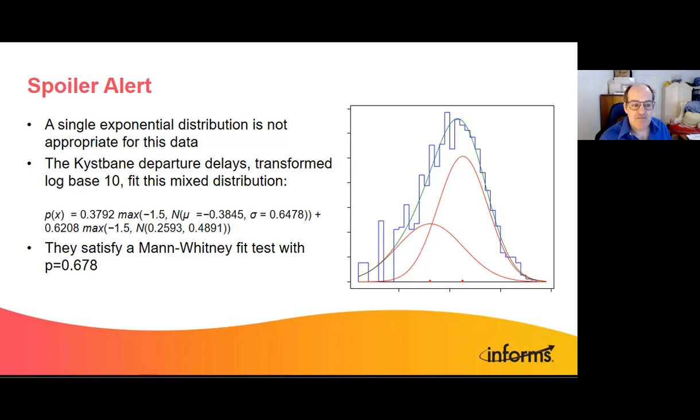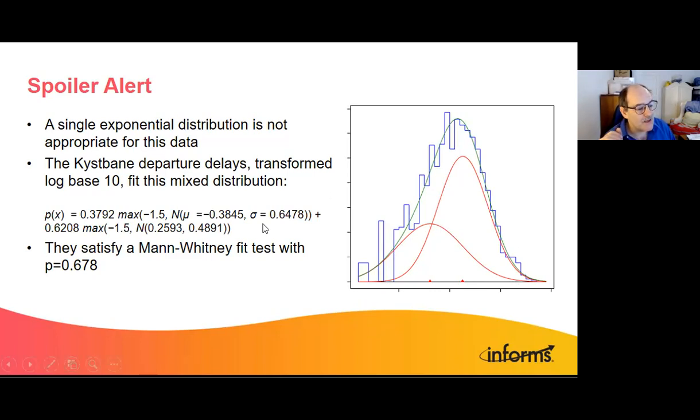And what this picture is showing right here is that the data scale is transformed log base 10. So we take the data and transform it log base 10, and if we do that, then the distribution of the data is some kind of mixture of normal distributions.